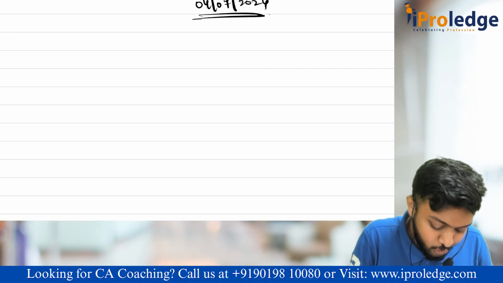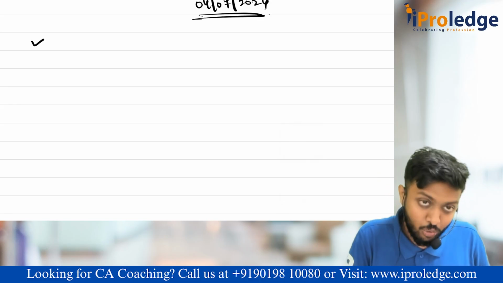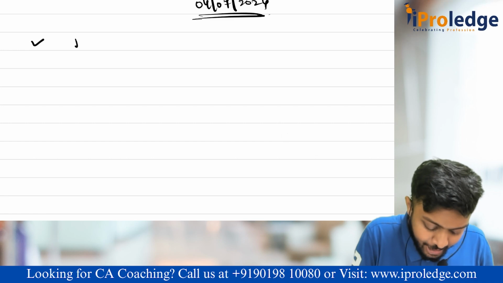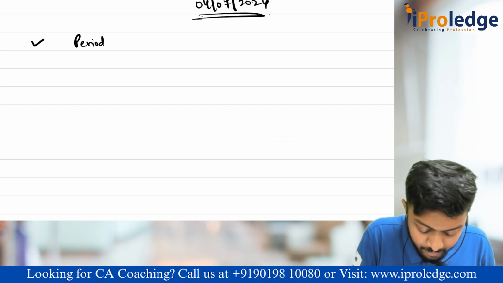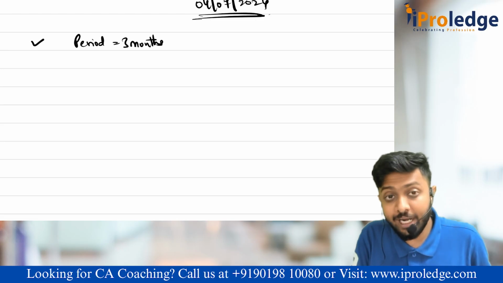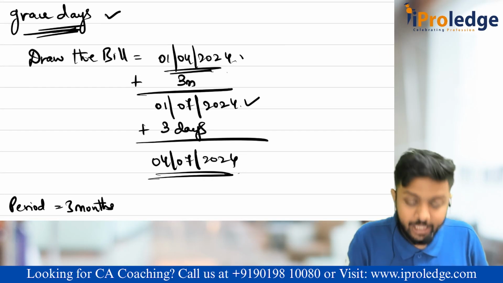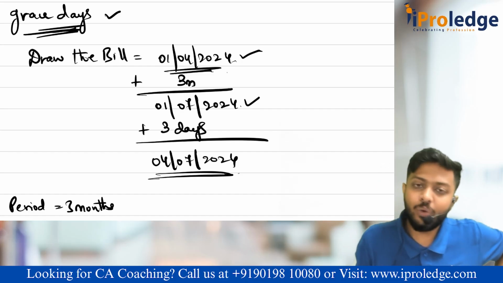Now some more things you need to know with respect to calculation of due date. Say suppose in the question they have told the period of the bill is 3 months. If the period of the bill given is 3 months, then what will you do? Same like how we did here. The date when we drew the bill is 1/4/2024.